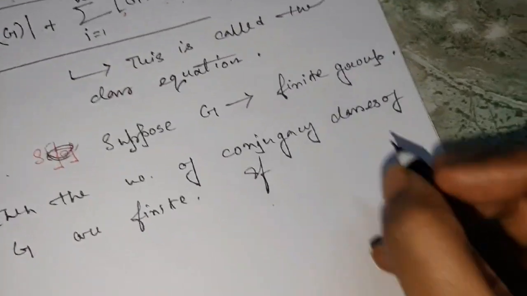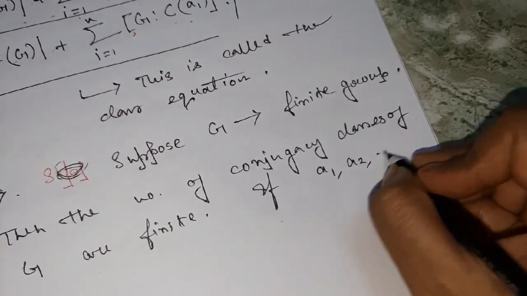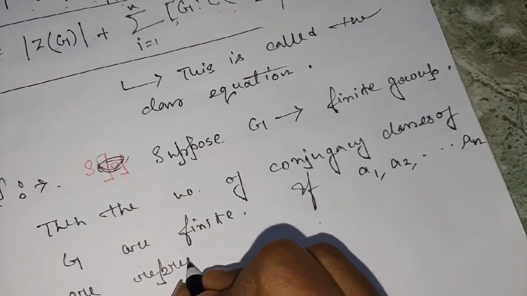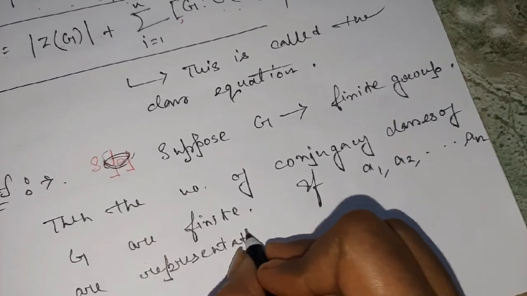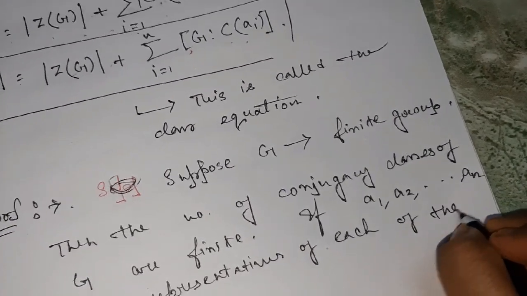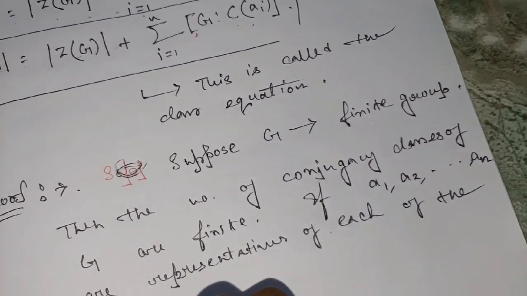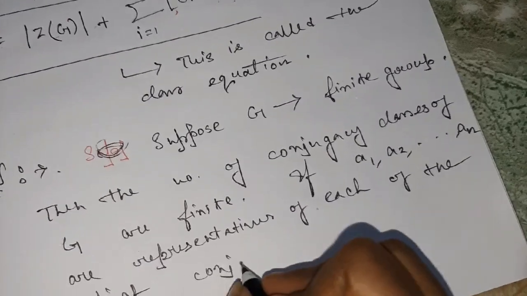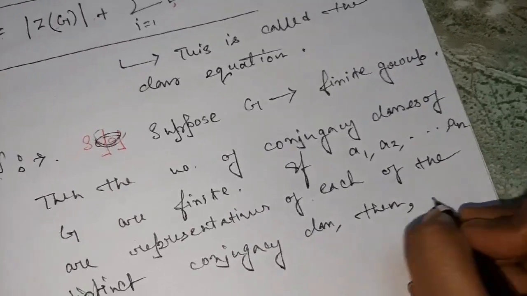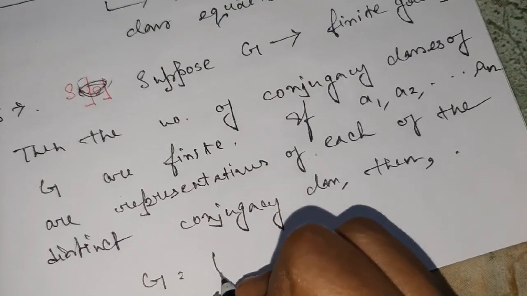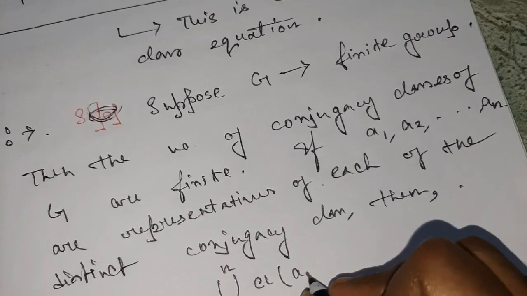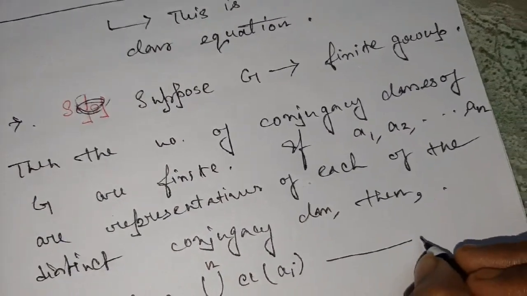Okay, now if A1, A2, dot dot dot, AN are representatives of each of the distinct conjugacy class, then G equals to union I equal to 1 to n class of AI. Okay, this equation is number 1.